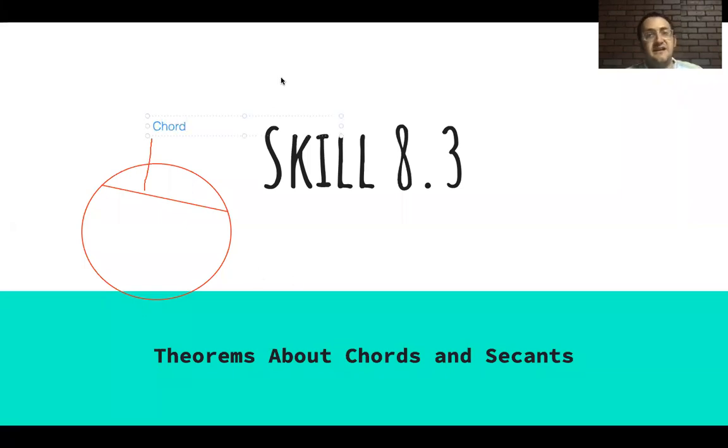And then a secant is when the chord actually goes outside of the circle. So maybe you have a situation that's kind of like that. And that's what I mean by a secant. So if you need a refresher course, please make sure that you have these terminologies down, because it will help you identify the theorems today.